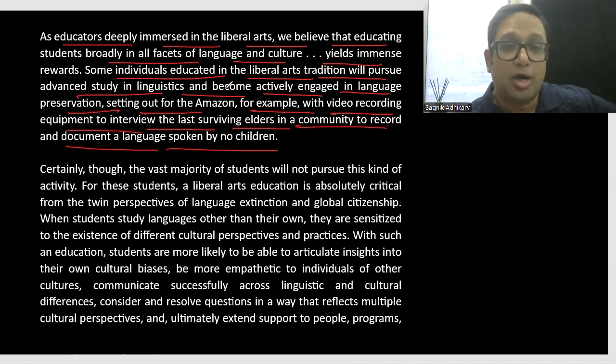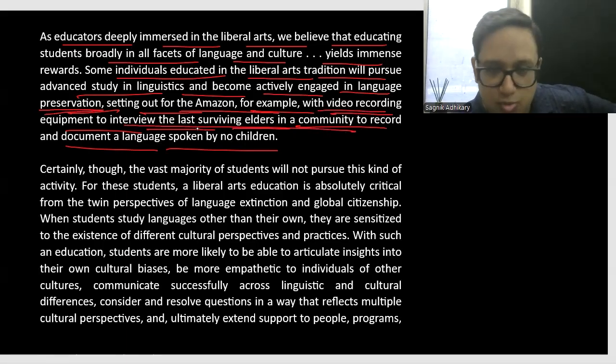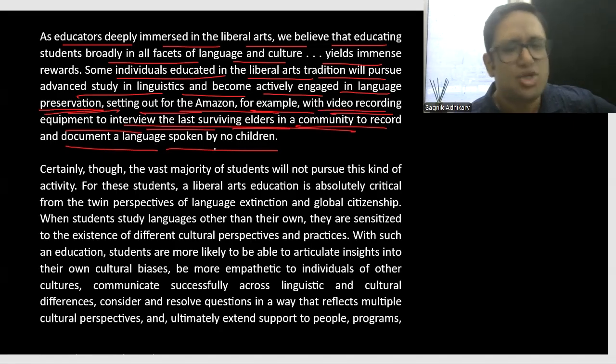So they would go to extreme lengths to preserve language, setting out for the Amazon, for example, with video recording equipment. It's not a specific language that we're speaking about. It's just an example that one might even go to the Amazon to protect certain languages which are about to go extinct.